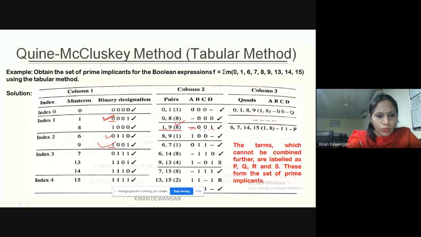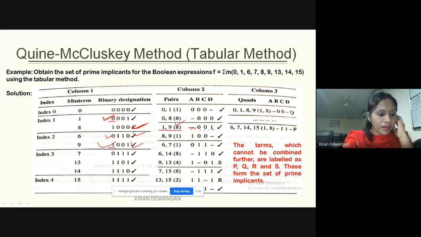Now we'll check 8 and 6. We have checked 1 with 6 and 9 both. Now similarly, we'll check 8 with 6 and 9. 8 and 6, can it form a pair? No. 8 and 6 cannot form a pair because they are again differing by 3 bits. So we'll check 8 and 9.